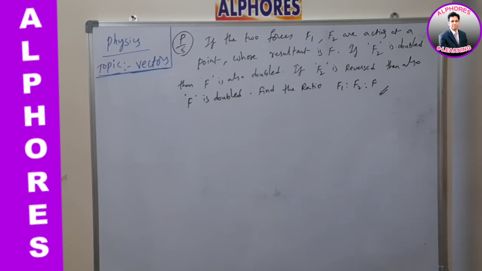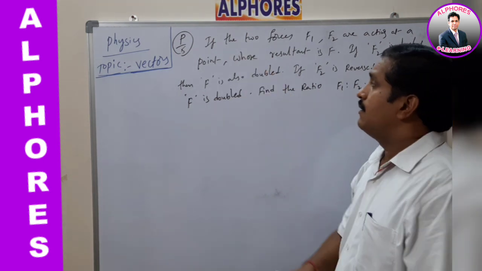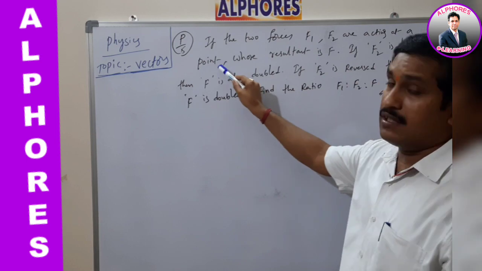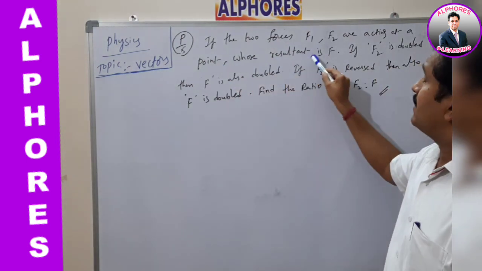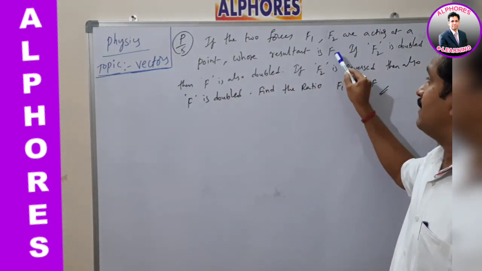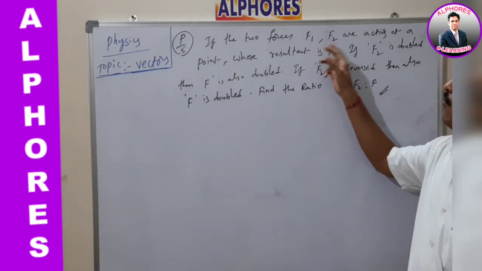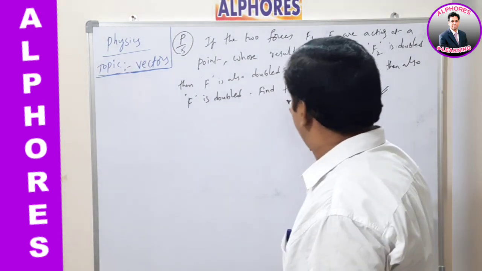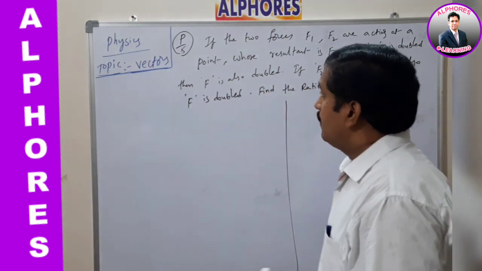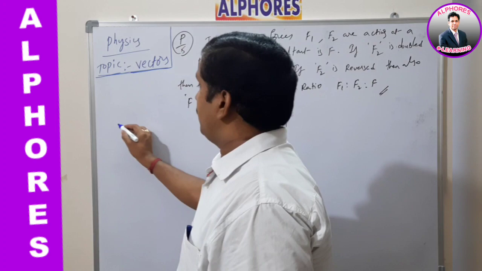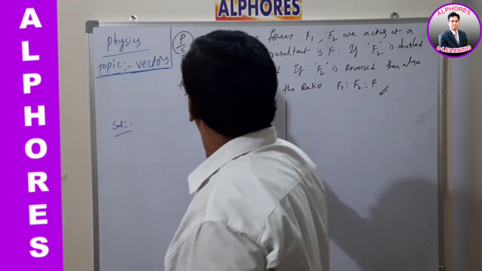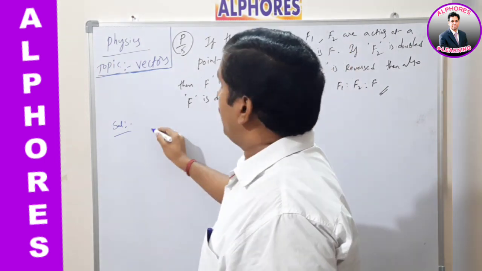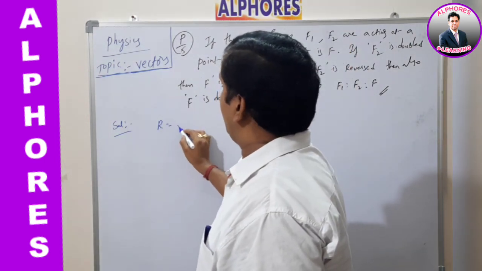Means if the two forces, listen carefully, if the two forces F1, F2, which are acting at a point whose resultant is F, that means the two forces acting at a point, we know already according to the parallelogram law of addition of vectors. Listen carefully, all of you. I am giving this condition as per the data. What is the formula for the resultant according to the parallelogram law of addition of vectors?